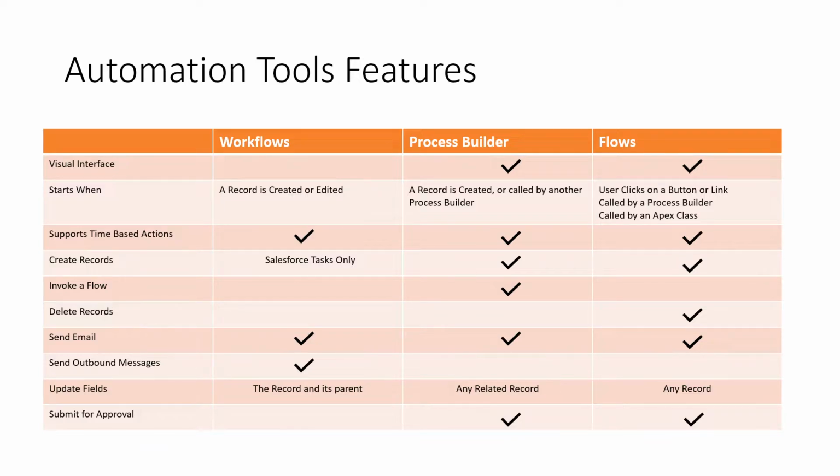So imagine you would like to change the status of an incident after 1 hour of its creation time. That can be done from a workflow, you don't need anything else. You don't need a process builder for that because the workflow is totally capable of that. So that's the time-based actions. You're probably already familiar with them.